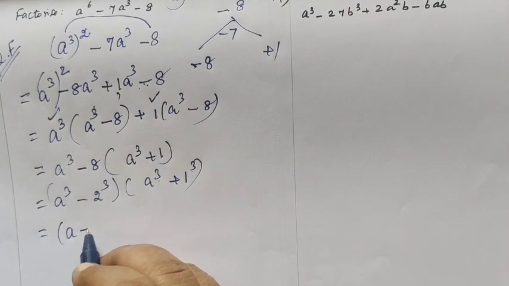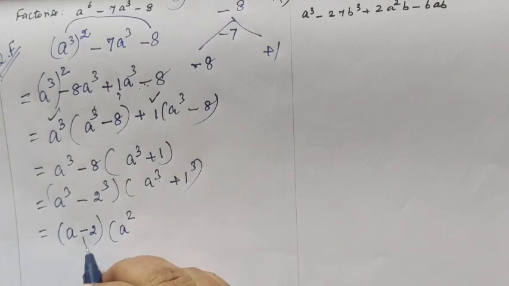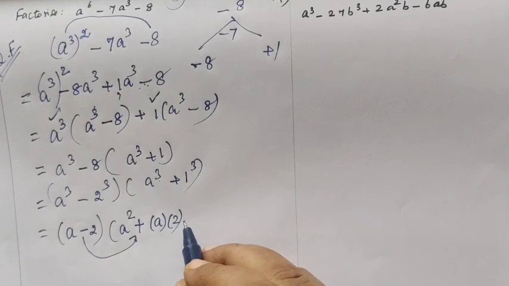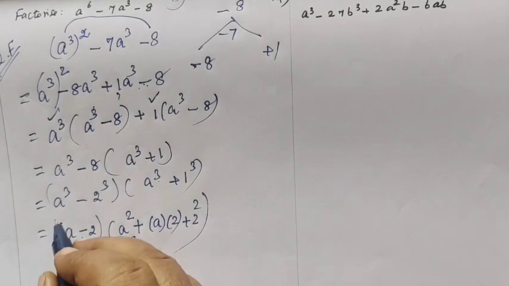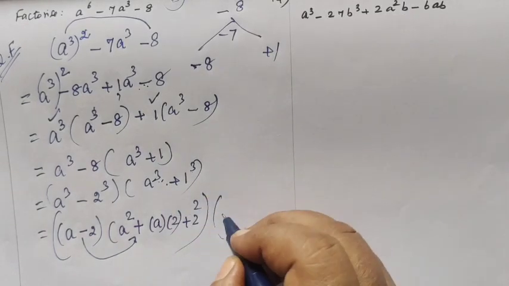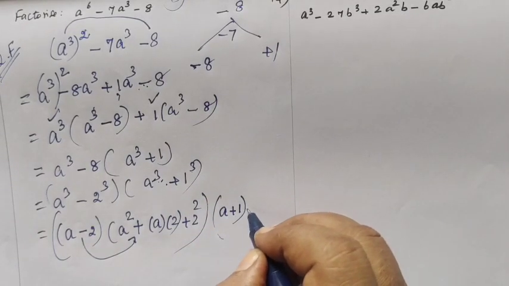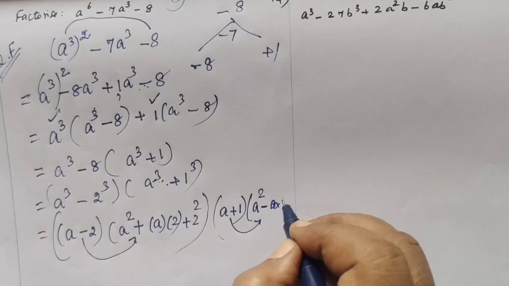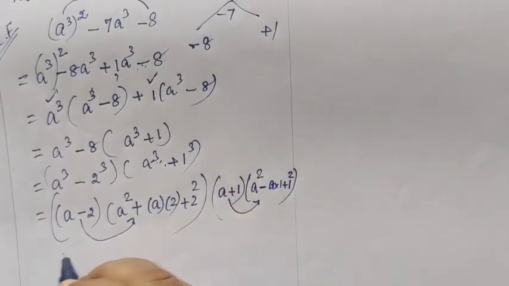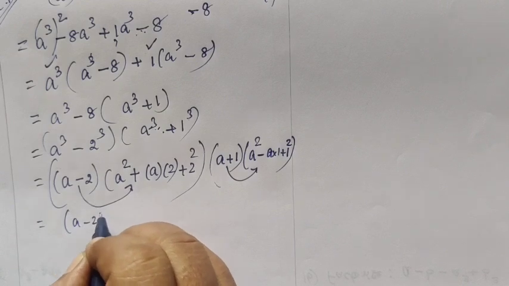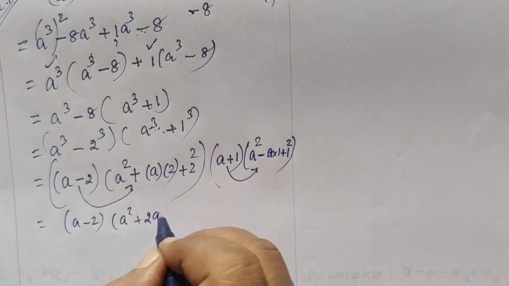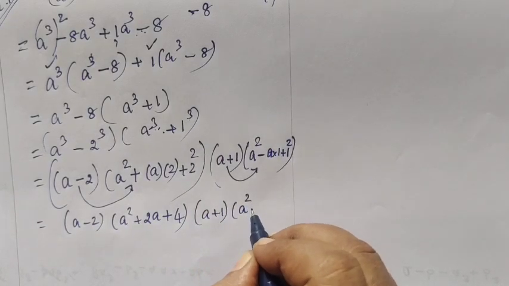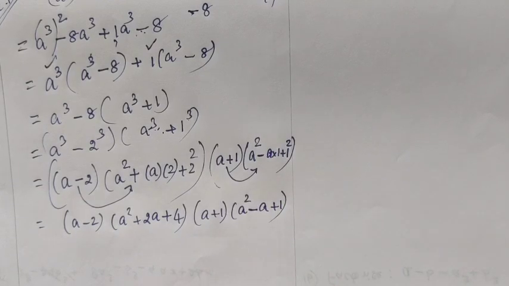So a minus 2, a squared plus 2a plus 4, then a plus 1, a squared minus a plus 1.